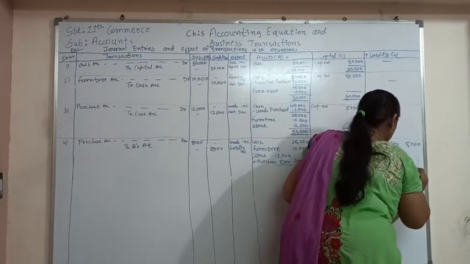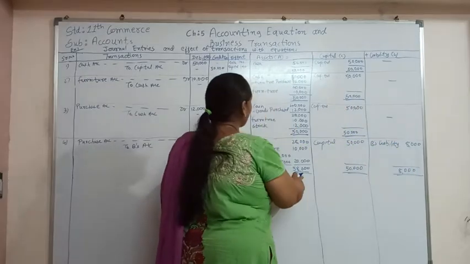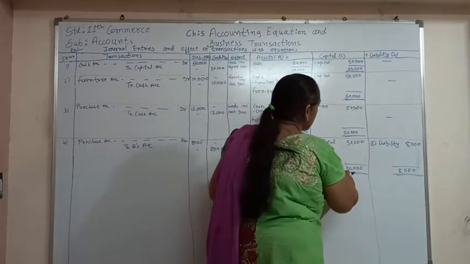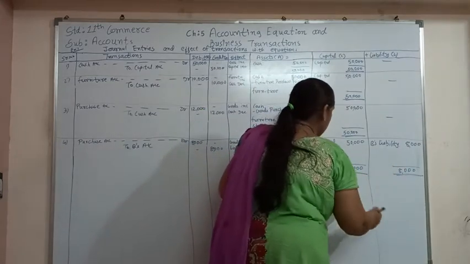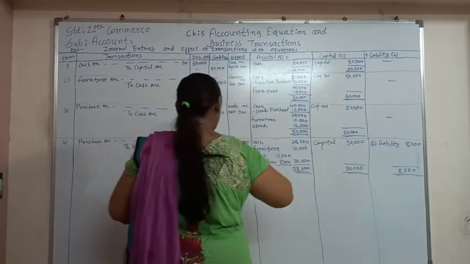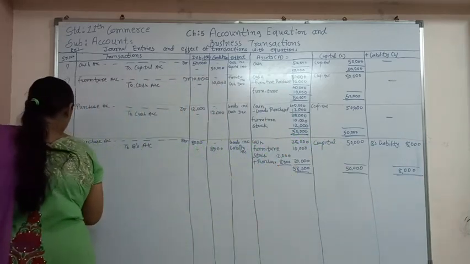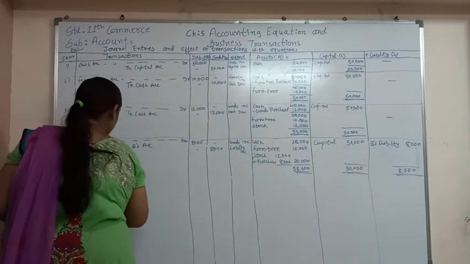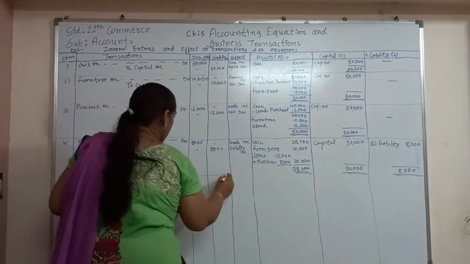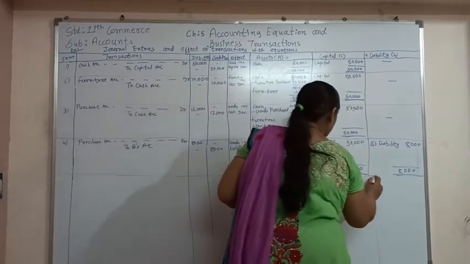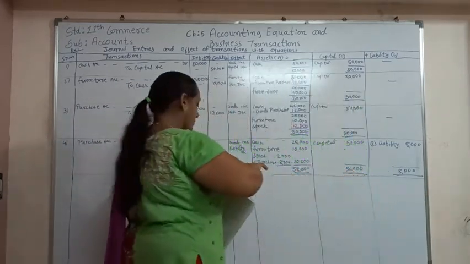So here we can see that 58,000 is assets, that is C plus L. So 50 plus 8, that will be 58. So here this is A is equal to C plus L. So this is the transaction number 4.